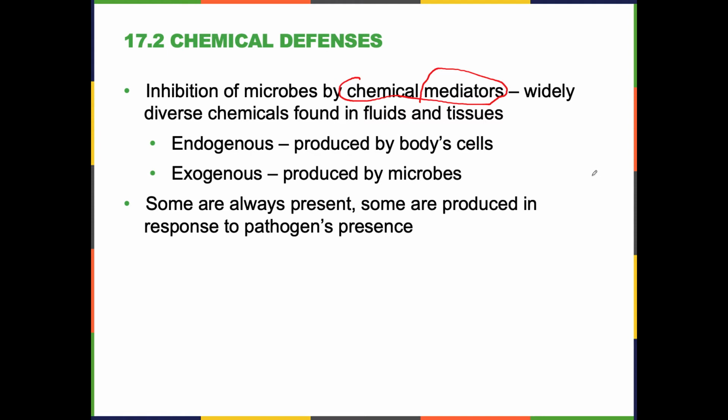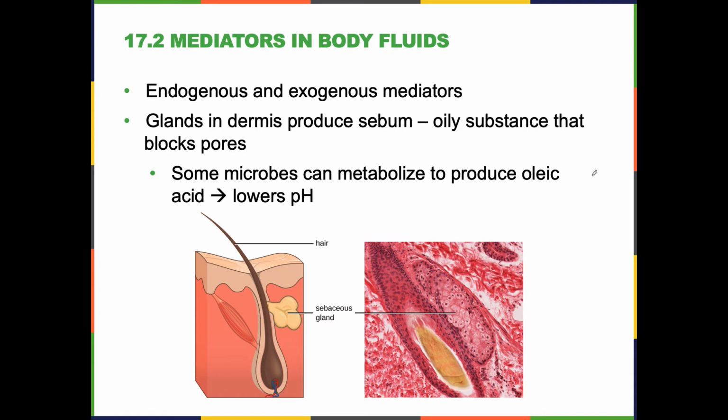Some of the mediators are produced by the microbes, and they help, once again, in outcompeting other microbes. Some of them are ever present, so they're always going to be there. Some of them are produced in response to pathogens' presence, and we'll see some examples of this as we go along.